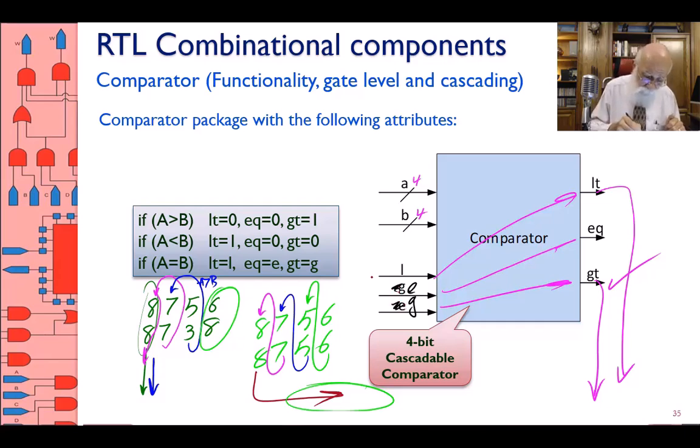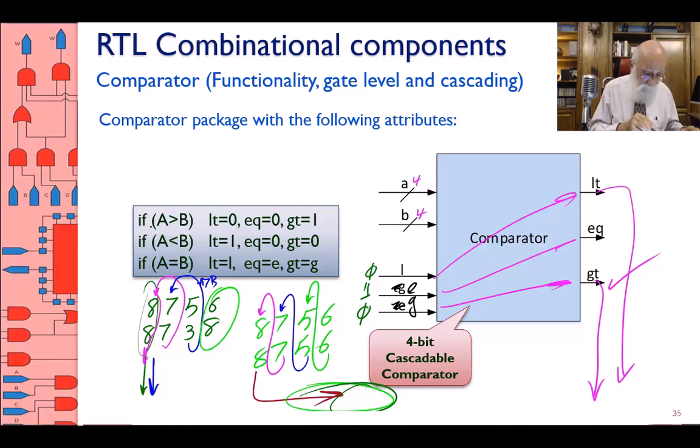So I put in a 0 here, a 1 here, a 0 here. So if all digits are the same, this is the rightmost digit. If all digits are the same, this 0, 1, 0 will go, go, go. And then finally, you get 0, 1, 0 on the three outputs, LT, EQ, and GT.